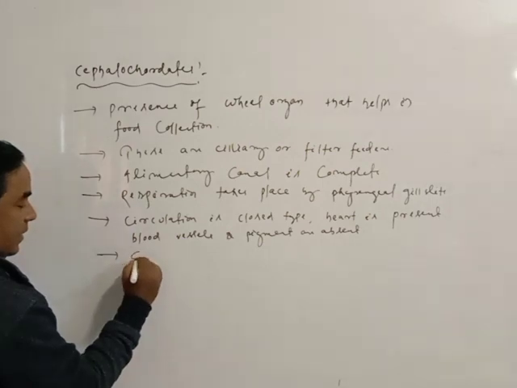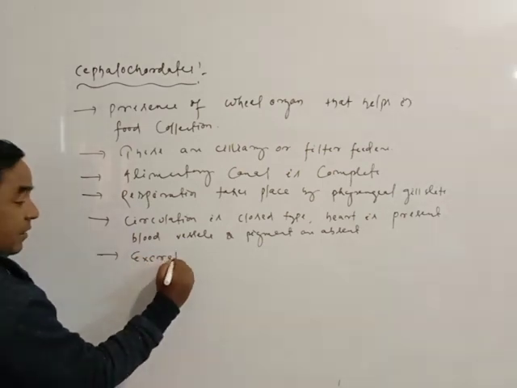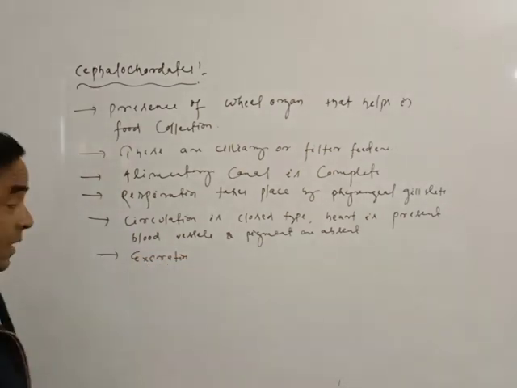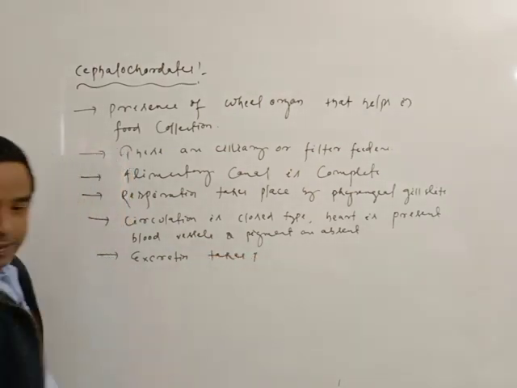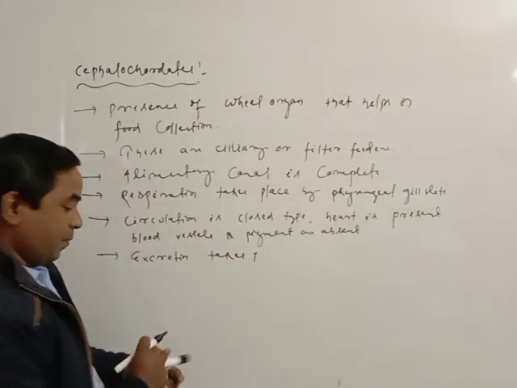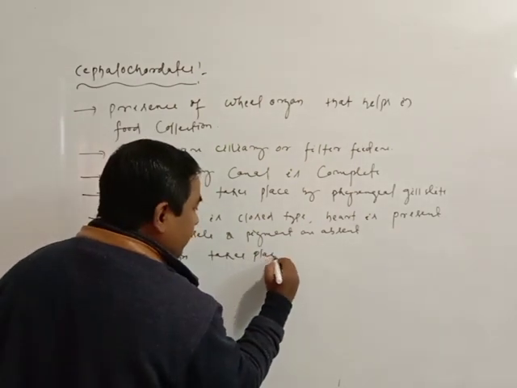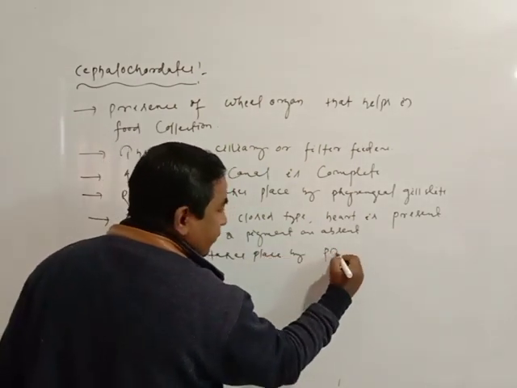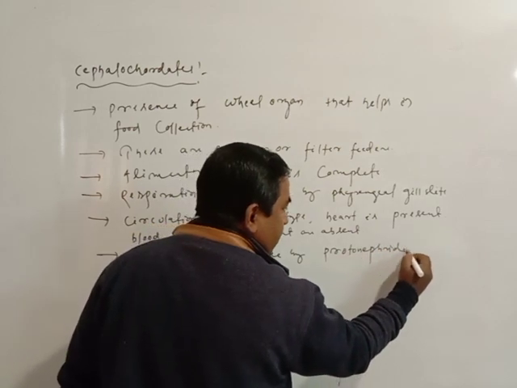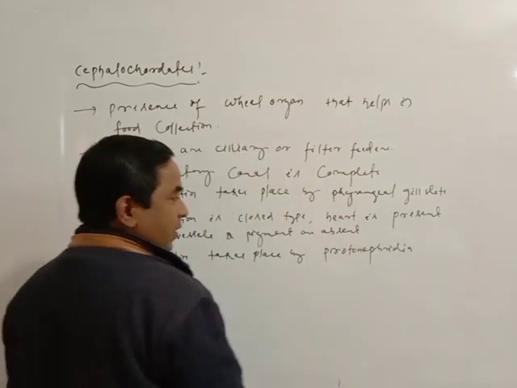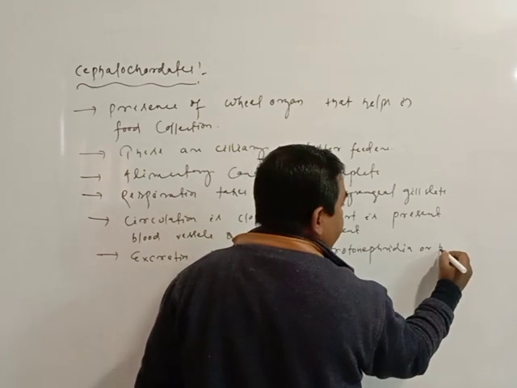Next, excretion takes place by protonephridia or solenocytes.